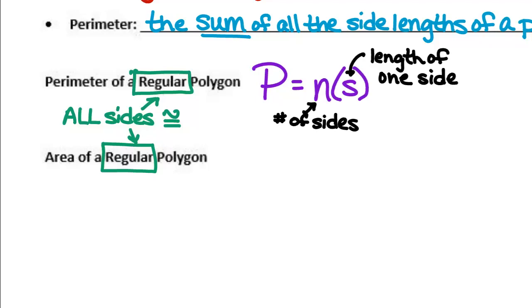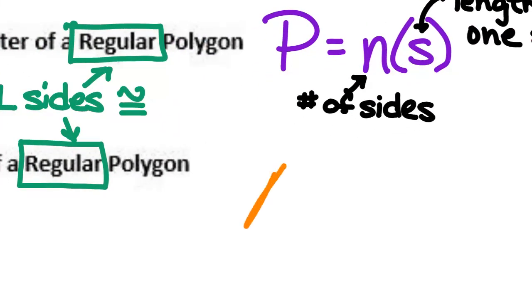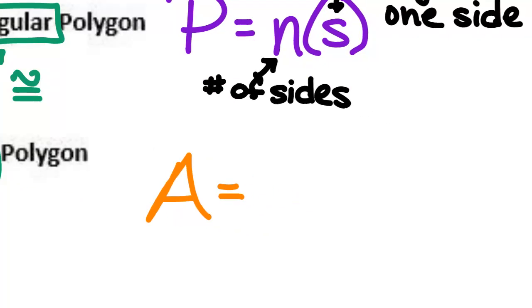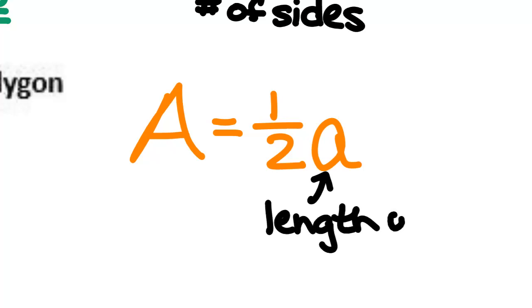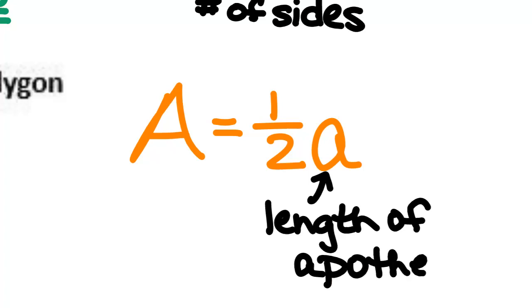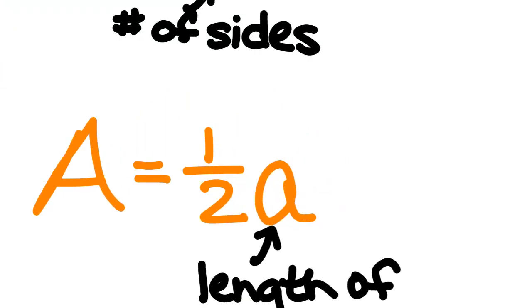To find the area of a regular polygon, the area of any regular polygon is 1/2 times the length of the apothem, which we represent with a lowercase a, and then we multiply that by whatever the perimeter is.